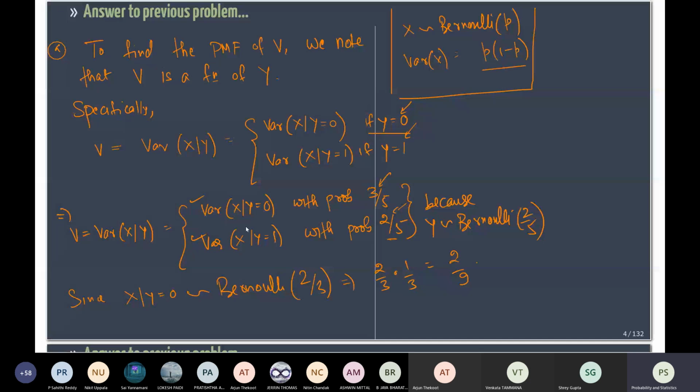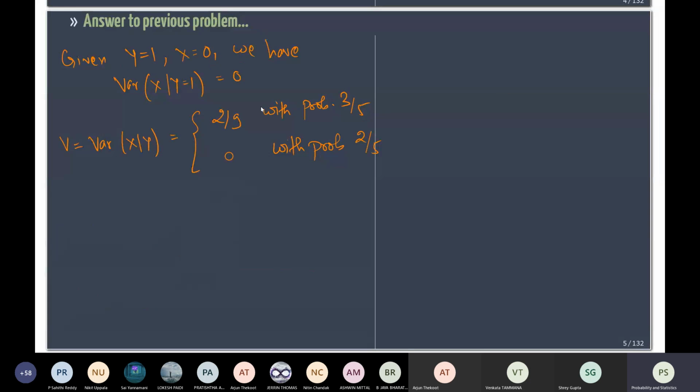Okay, so now the PMF is just like you put this 3 by 5 in front and then 2 by 9 on the other side. So the PMF value of V is the probability 3 by 5 if V is 2 over 9, and probability 2 by 5 if V is 0, and then you can define 0 otherwise.